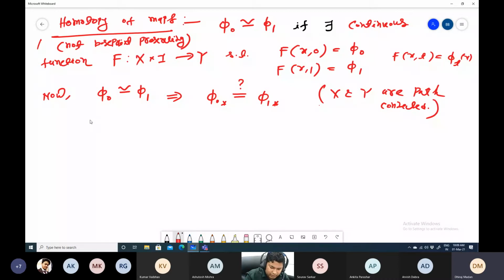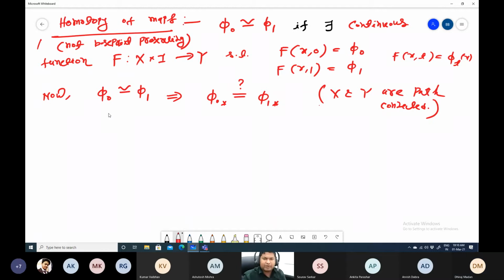If phi 0 star acts on some function, and phi 1 star acts on the same function, then they can change the base point, so they won't map them to the same output. The base points will be different, but they might be isomorphic. They are obviously isomorphic, but we cannot write that they are equal, right?